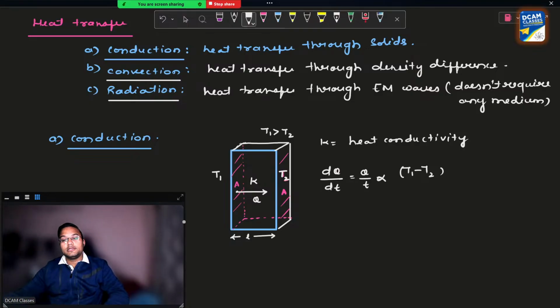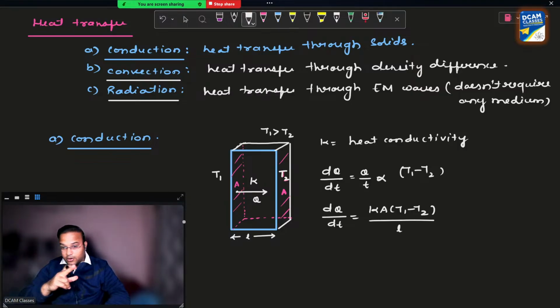Okay, this was the law. Now when they remove the proportionality constant, dQ by dt is written as KA into (T1 minus T2) divided by L, where L is the length along which the heat is being transferred.